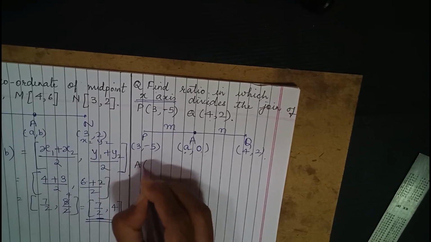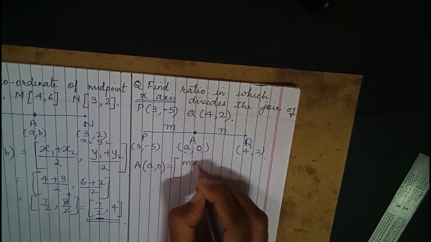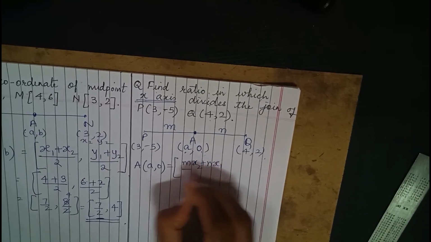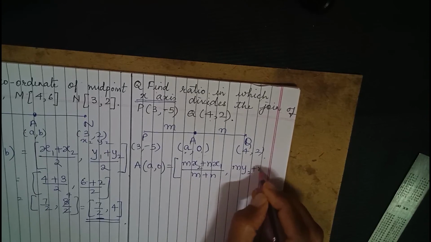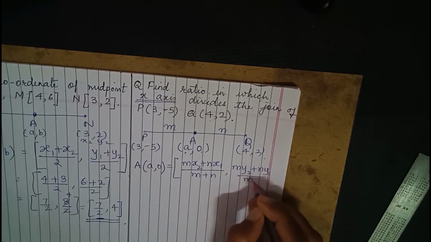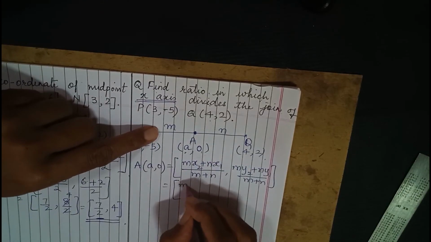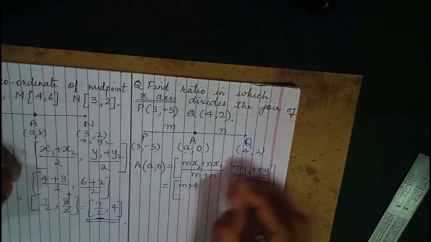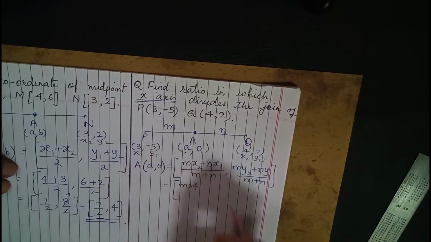Again, we use the same section formula. Write down the formula. Formula remains the same. Formula does not change. And let us start substituting the values. M value we do not know. X2 is 4. So this is my x2, y2 and this is my x1, y1.